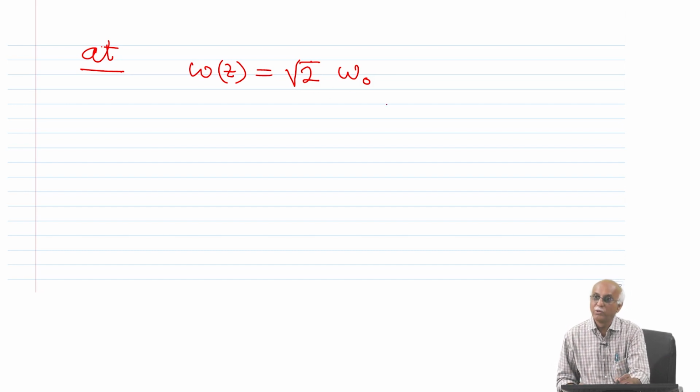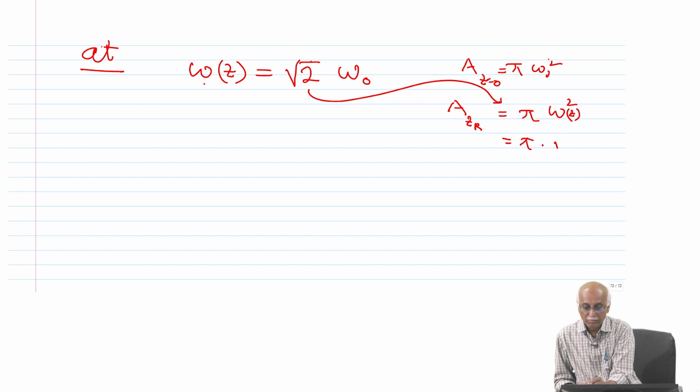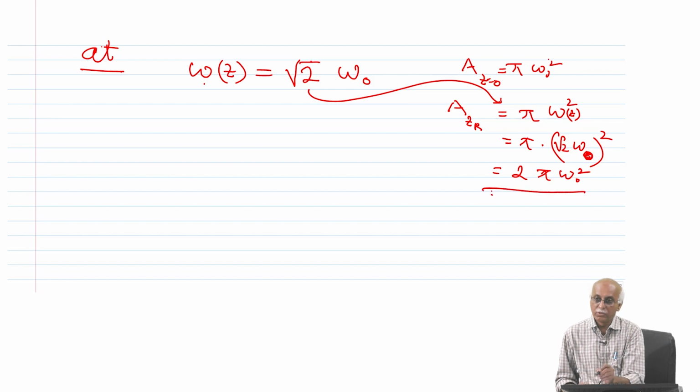At the beam waist, the area is pi W0 square. So, the area at the position z where W(z) becomes root 2 times W0 will be 2 times pi W0 square.